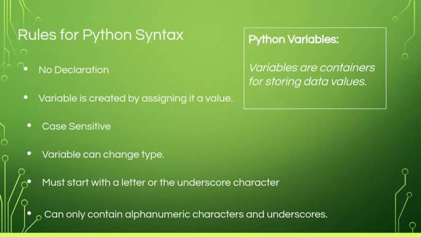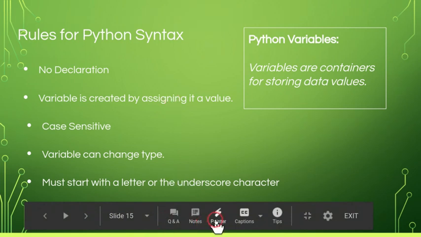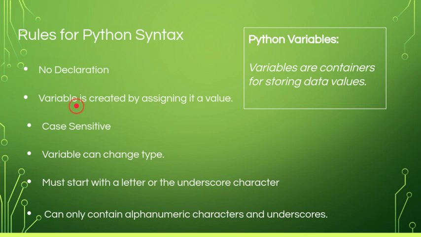For example, if you're defining a variable for temporary, you might want to name it temp. And if you want to make a variable for maximum number, you might want to name it max. No declaration is required, so there is no statement to declare variables. Python variables are created by assigning them a value. The moment you assign it a value, the variable is created.